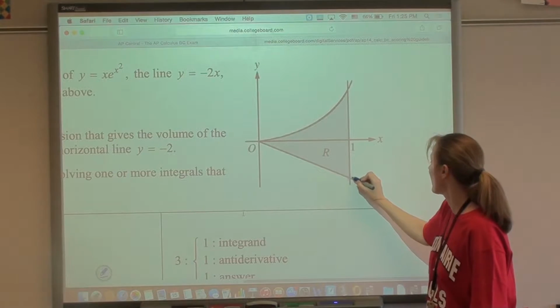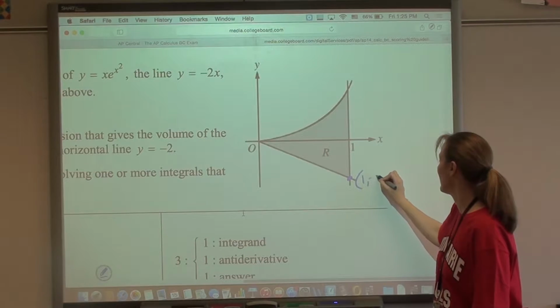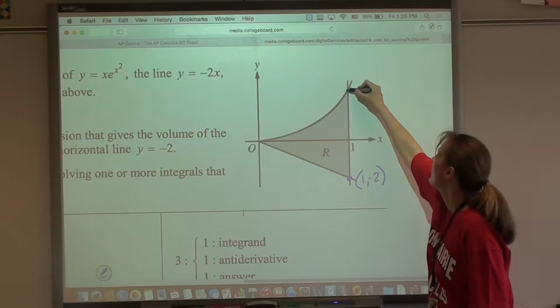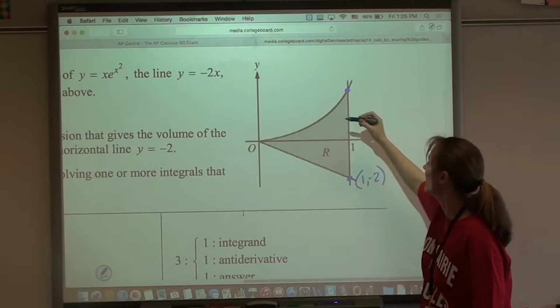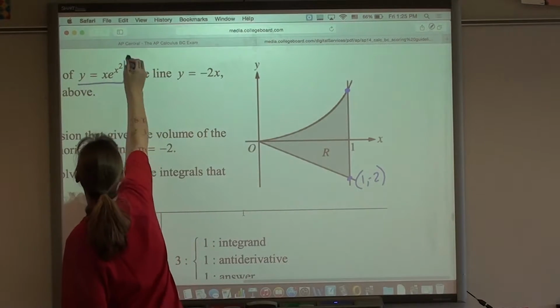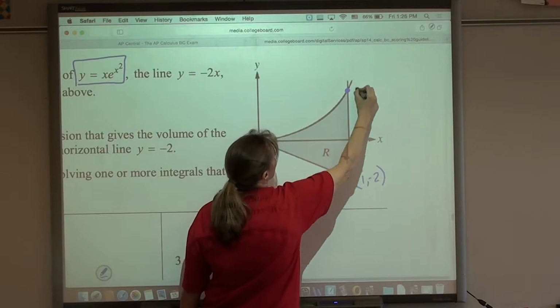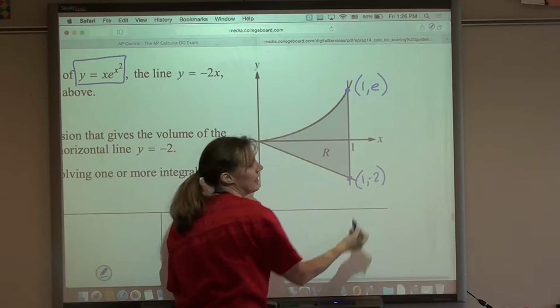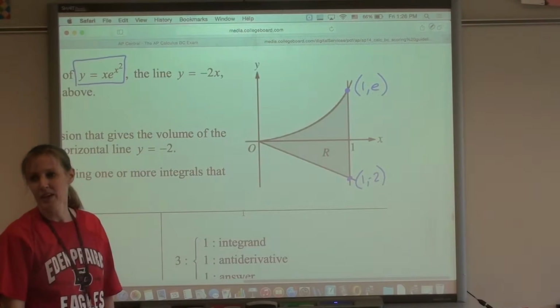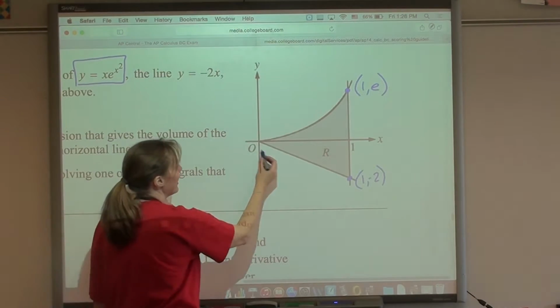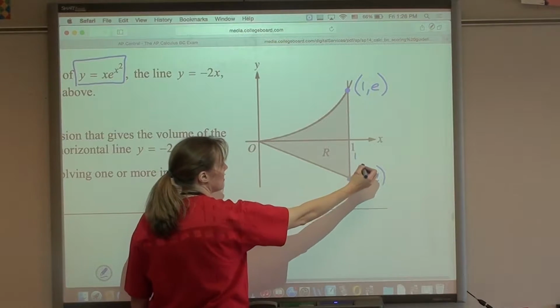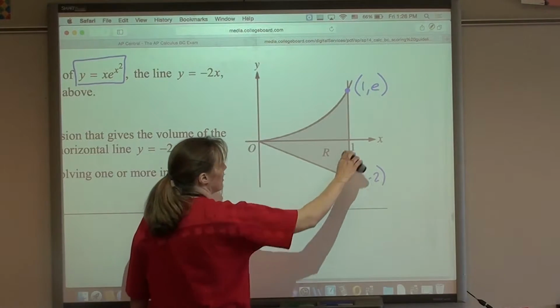So we already figured out this is the point (1, -2). How do we get this top point? Well, this is the top curve, right? Just plug a 1 in, then you get the point (1, e), right? So this length is 2, this is obviously not drawn to scale.